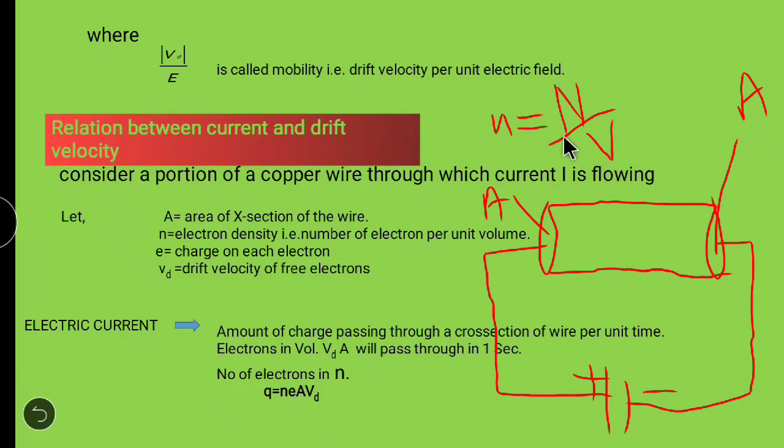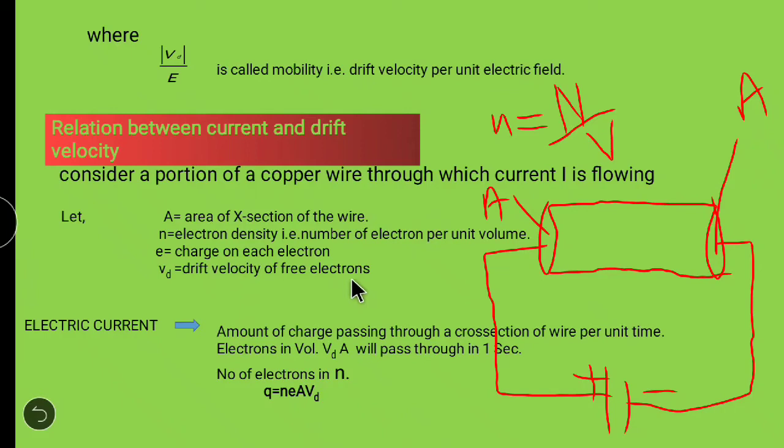So here in this case also, let the total number of electrons be N and the volume of this conductor be capital V. So the electron density would be n. e is the charge on each electron. Vd is the drift velocity of the free electron.